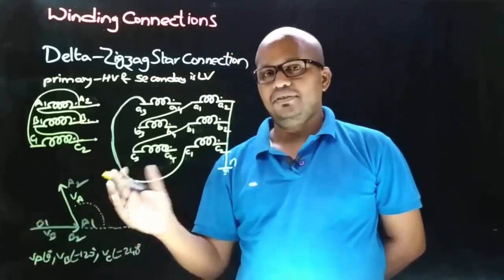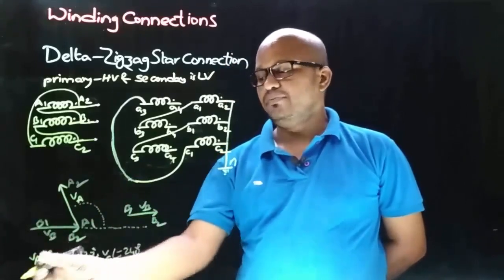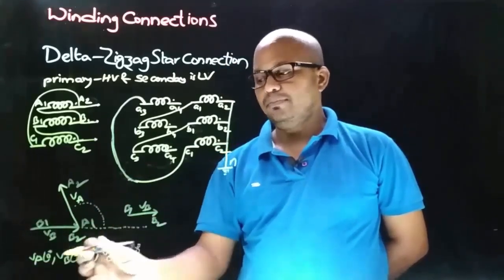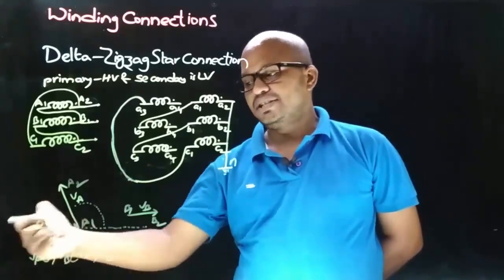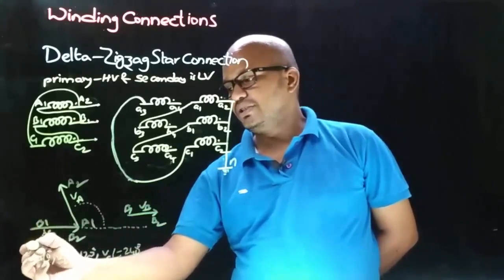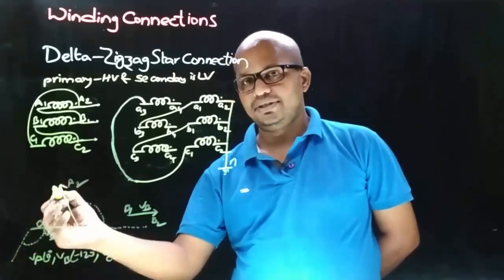Now let's draw the VC phasor. So VC phasor will be at an angle minus 240 degrees from VA, or we can take VC at an angle minus 120 degrees from VB. So as this is considered as VB phase, so from this in clockwise direction at an angle minus 120 degrees there will be VC.